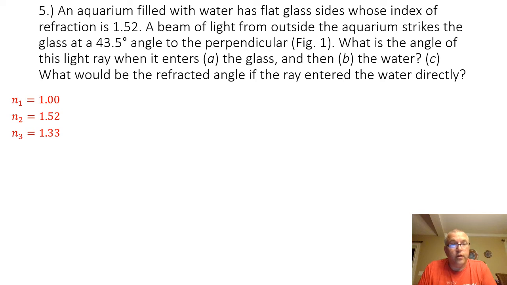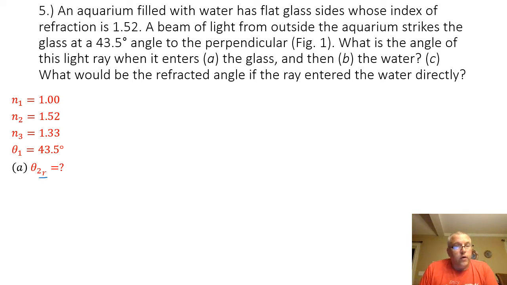So I know my angle of incidence from the air into the glass, or theta 1, is 43.5 degrees. The first thing they want us to find is the angle of refraction as the light travels from the air into the glass. So that is going to be theta 2, and I am going to use a subscript r to note that that is my angle of refraction into the glass.